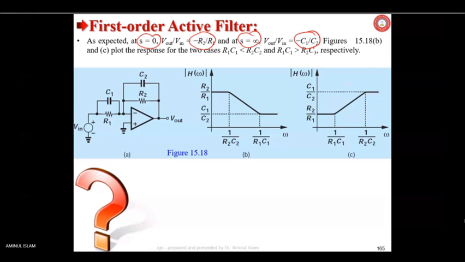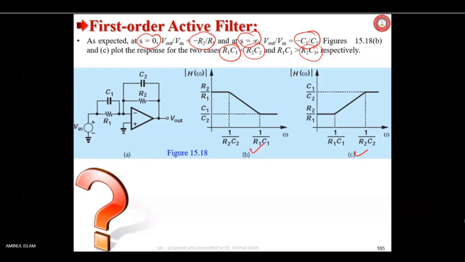So figure 15.18b, this figure, and c, this figure, plot the response for the two cases when C1 R1 is less than C2 R2 and C1 R1 is greater than C2 R3. C2 R3, where is R3 coming from?